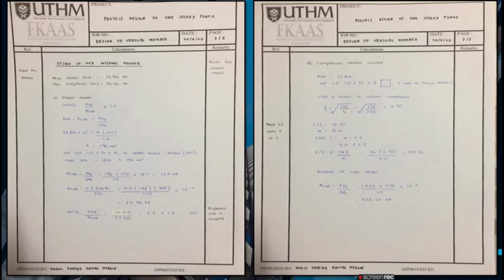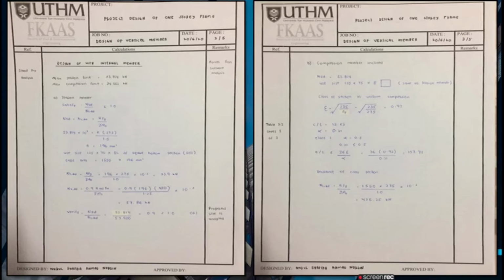After that, I use the formula NEd equal to NtRd equal to A Fy over gamma M0. So I get the A value, which is 196 millimeter square. After that, I use the size 125 times 75 times 8 of hollow section, whose cross area is 1550, larger than 196 millimeter square.